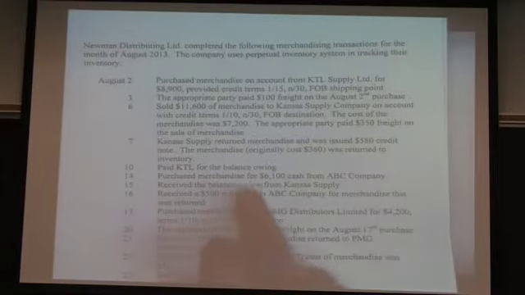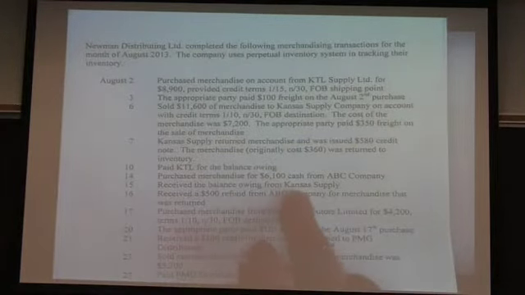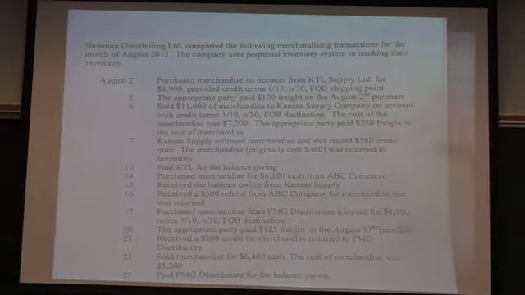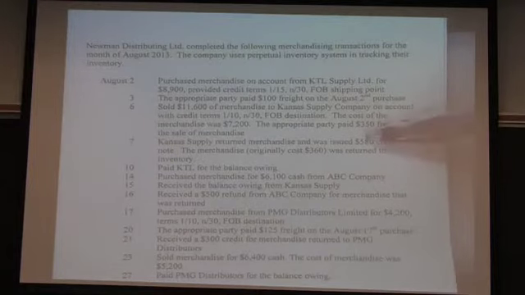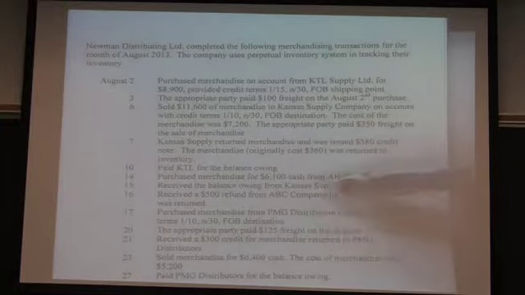Now, what's next is August 15th. Received the balance owing from Kansas. So let's take a look at Kansas. We sold on the 6th $11,600. They returned for $580 credit, and now we finally received payment.